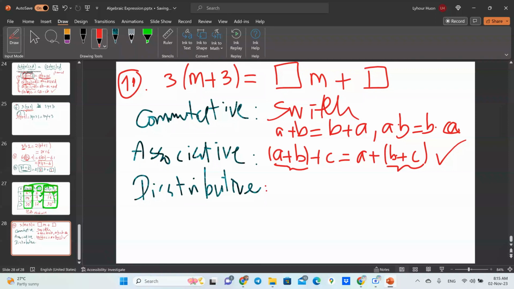Distributive is like expanding, opening the brackets to simplify the question. The simple word is expanded, but in simple terms, we open the parentheses and simplify them.